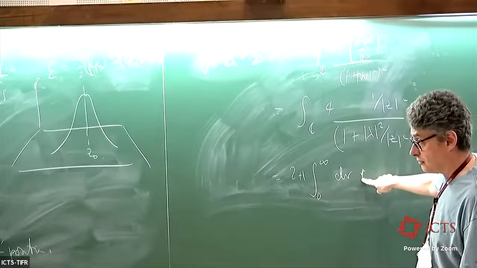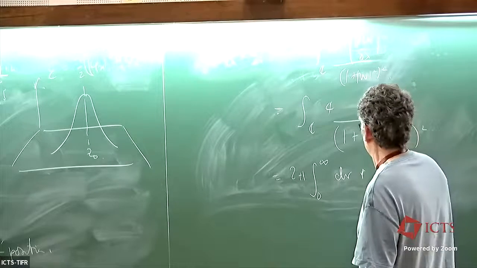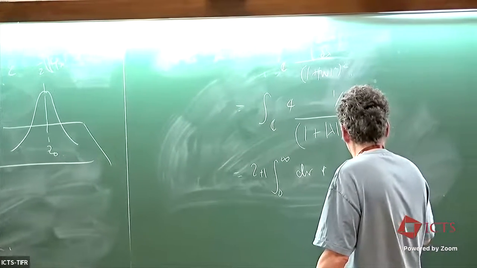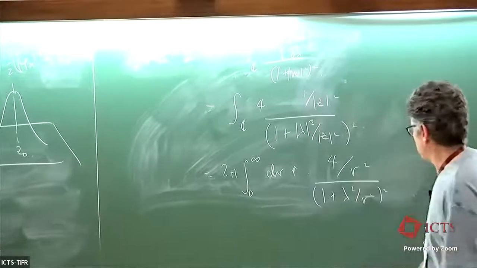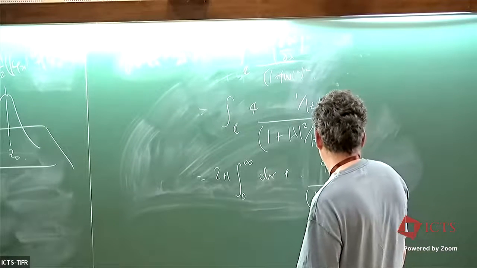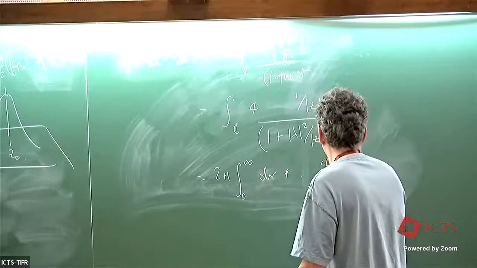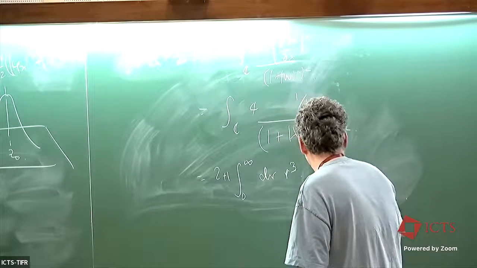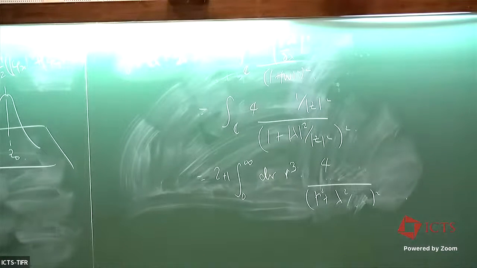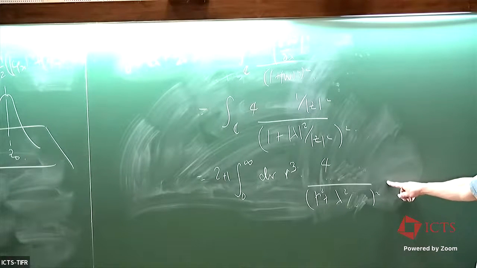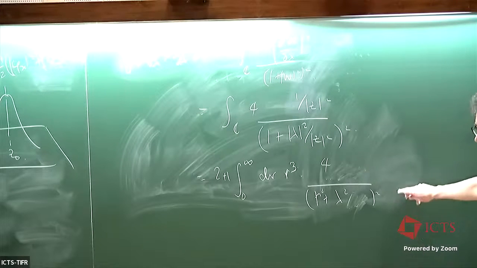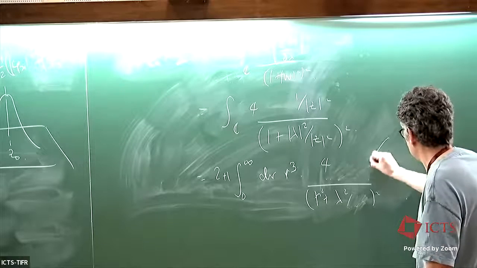Now I get a factor of r from the integration measure, times 4 over r squared over (1 + λ² r²) all squared. And you will see that if we multiply top and bottom by r to the 4th, we get that. Okay, so the integrand only decays like 1 over r. And if you try and integrate it over the whole positive real line, it diverges. So this is log divergent.